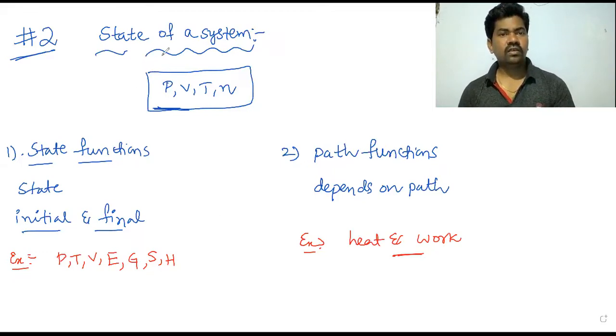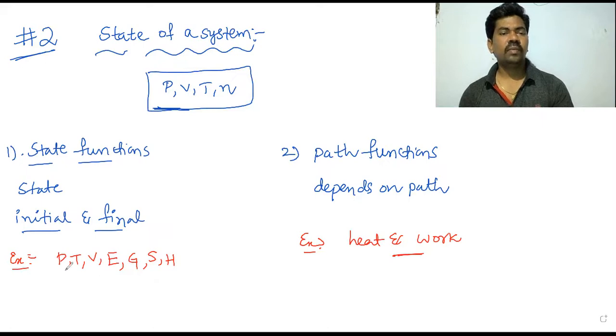So usually state functions are the properties of a system that depend upon the initial and final state of a system. These are thermodynamic functions that depend upon initial and final state of a system. For example, pressure, temperature, volume, internal energy, Gibbs free energy, entropy and enthalpy.